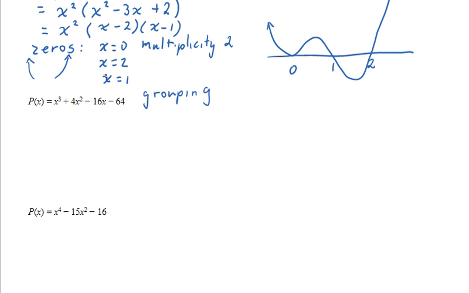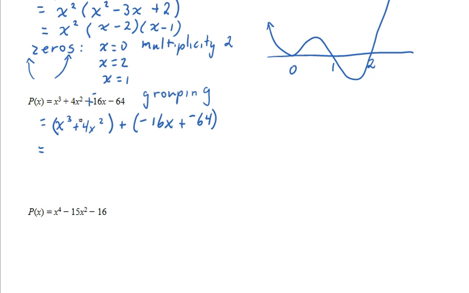In order to use factoring by grouping, I change the subtraction of 16x to add a negative. Then we're going to have 2 factors, x cubed plus 4x squared plus negative 16x. And I'm going to write that as plus negative 64 as well.